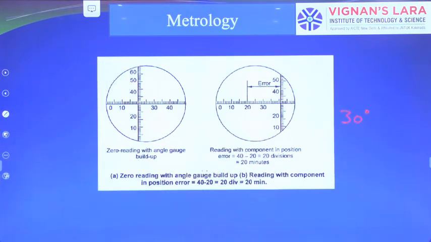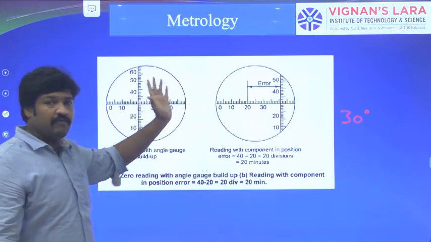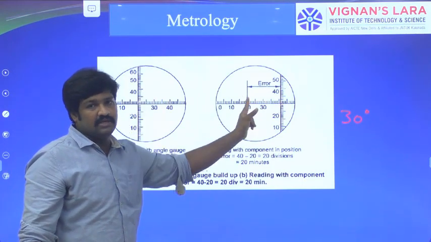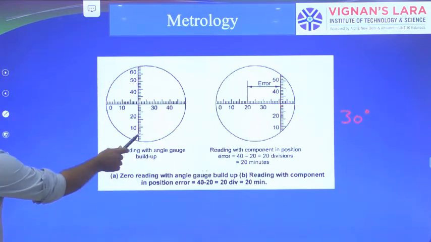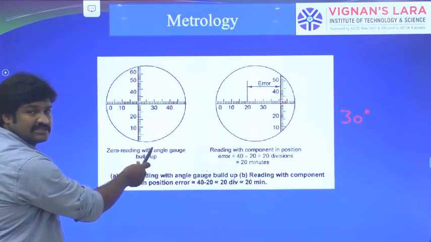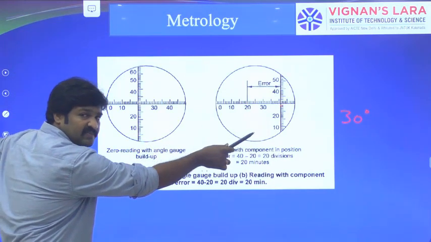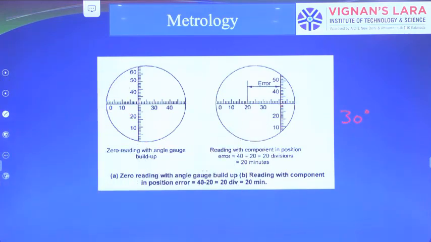Because we make the 30 as constant, 30 as 0. So at this 0, after that we are replacing this component with a workpiece. At the junction it gives a deviation. This is the error. So initially our component is like this, with the setting of angular gauges. After that we replace the angular gauge with the workpiece, so that is showing how much it is deviated.